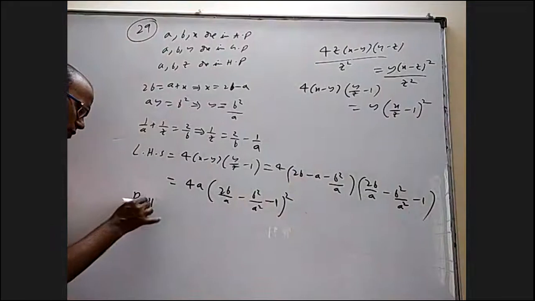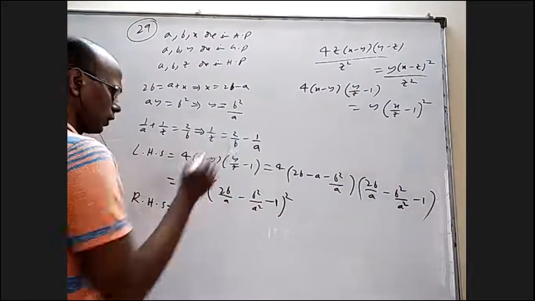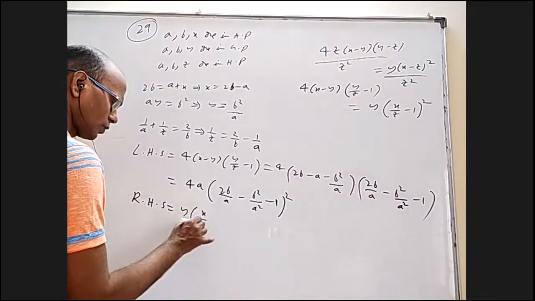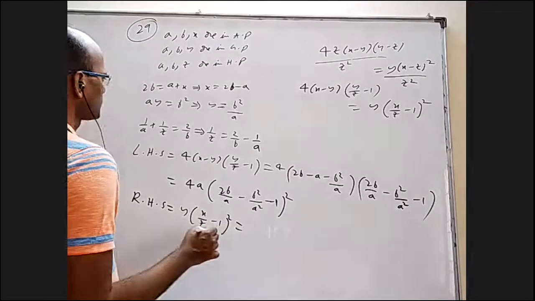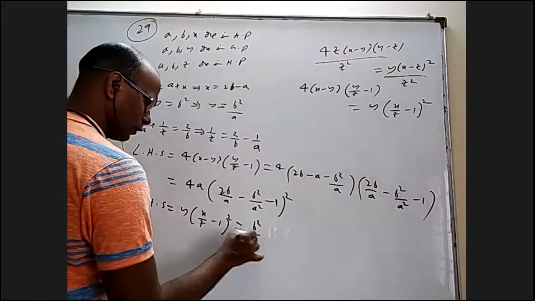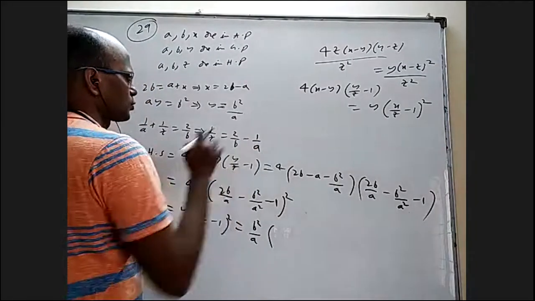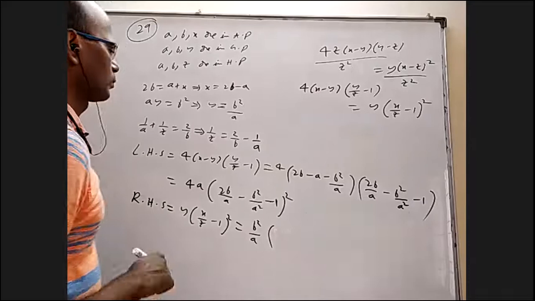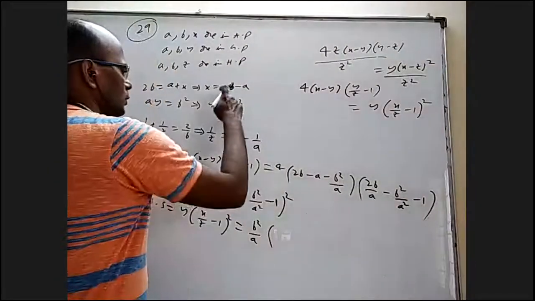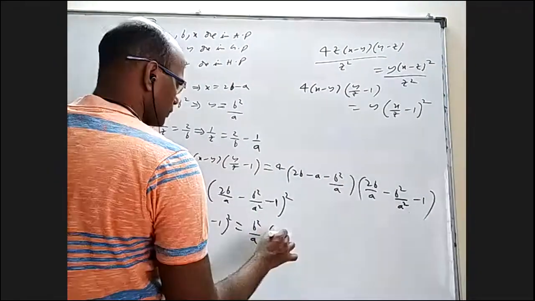This is RHS. So RHS is y into (x by z minus 1) whole square, and y is b square by a. X by z, I have to multiply these two. This into this is 4.